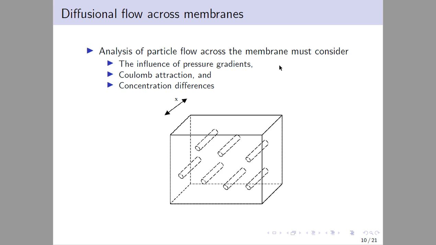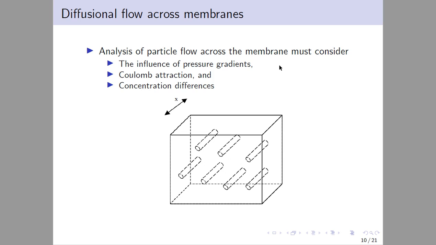So how do the molecules, or in this case the water, diffuse across the membrane? Or in this case the ion or the cation moving from one side to the other side.